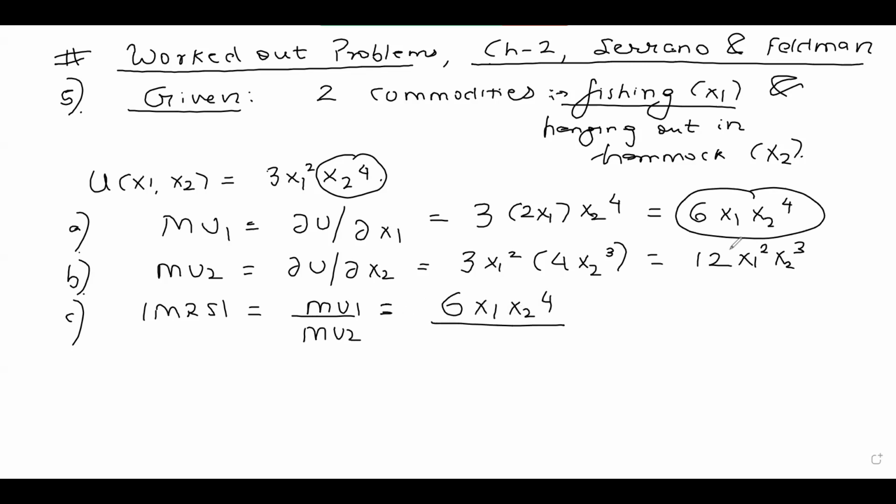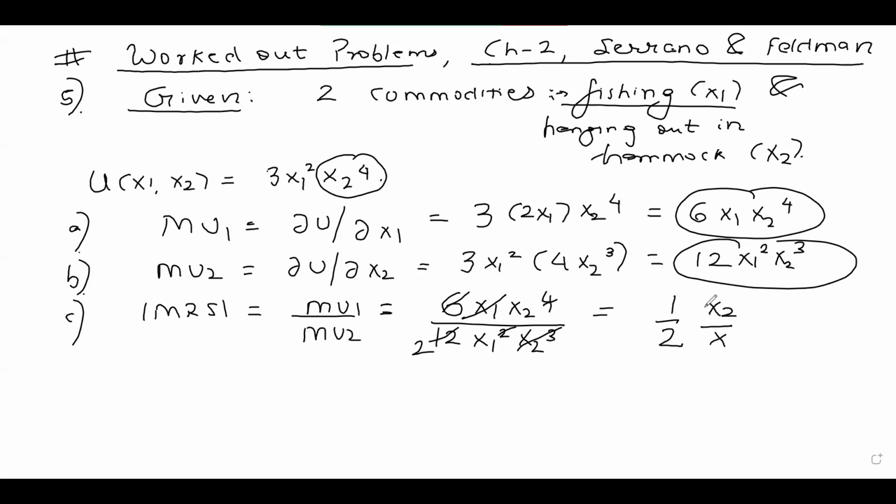What is MU2? 12 x1 squared x2 cubed. If I solve, I get 1 over 2 times x2 over x1, half times x2 by x1. This is my absolute value of the MRS.